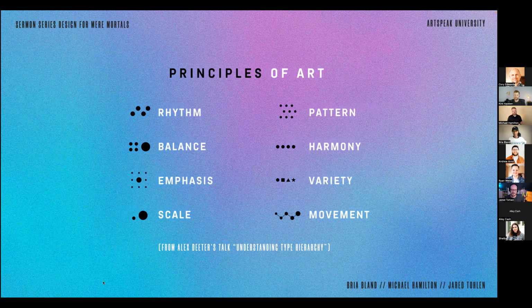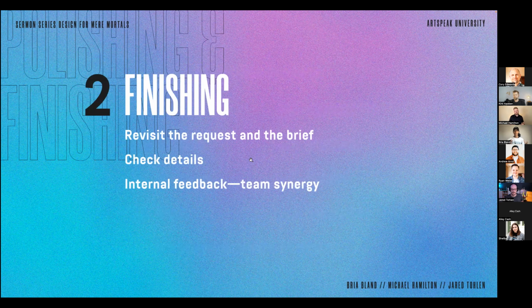And then I also think it's important, let's go to the next slide, because all this time you're looking at these elements, you're really revisiting the request and the brief of the project, making sure the overall mood is there.